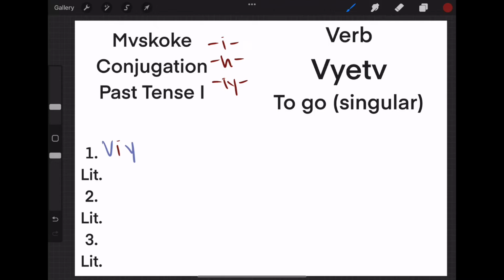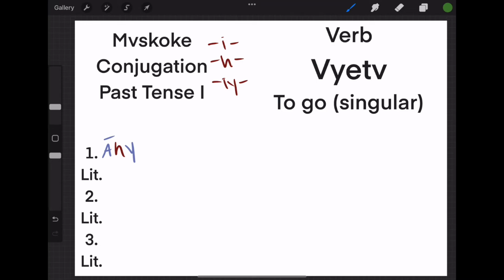So if we try to sound out ayes, it's really difficult to say and pronounce. But if we conjugate in the correct tense, it will be a lot easier to say. So our past tense 1 conjugation indicator in this case is going to be H. However, if we keep H with the VY, it will break our 3 or more consonant rule. So we lengthen the V, which will then turn into an A.